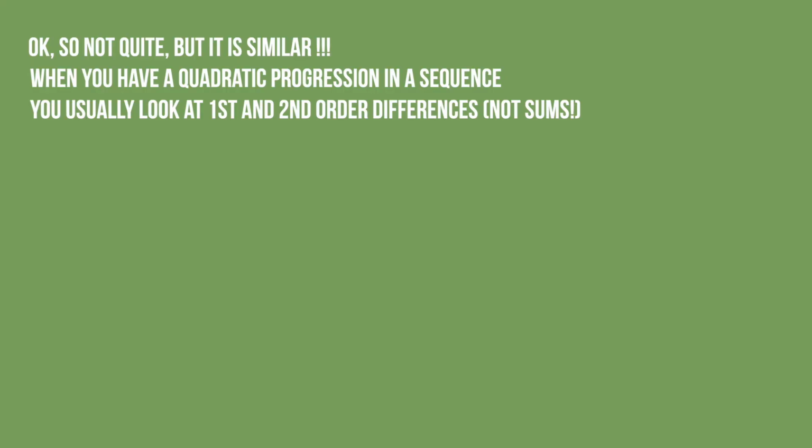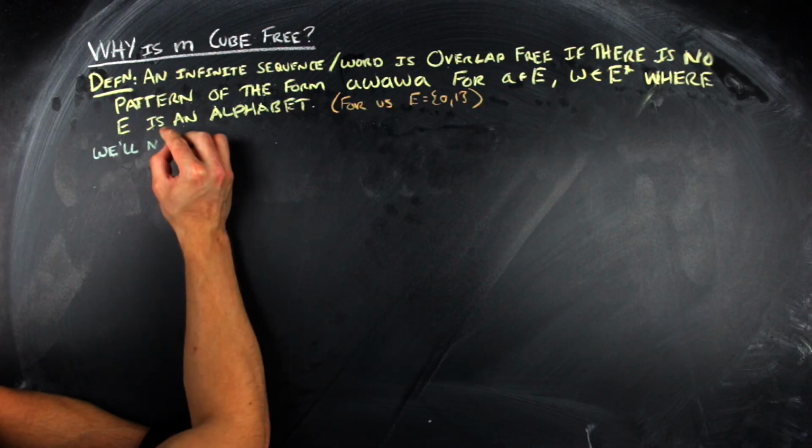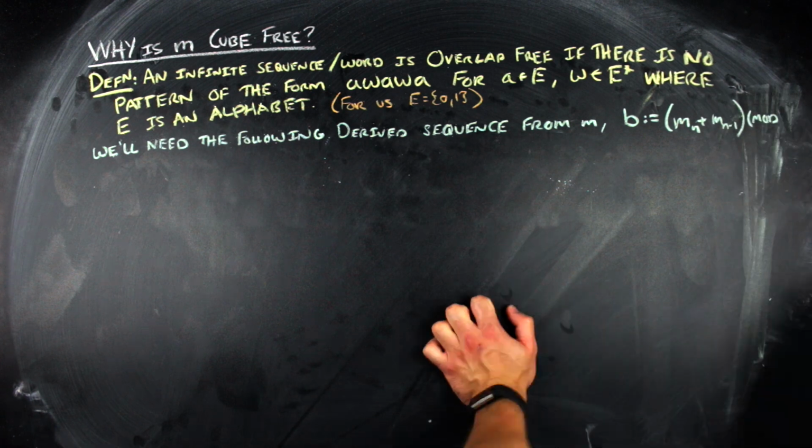But I just need one more thing, and that's a derived sequence. This is a sequence that you would form if you're studying, not an arithmetic progression, but a sequence that looks like it might have a quadratic progression or other things like that, where you just add consecutive terms of the sequence. Because we're working in binary, we're just going to take that mod 2. So b sub n is equal to m sub n plus m sub n plus 1, mod 2.